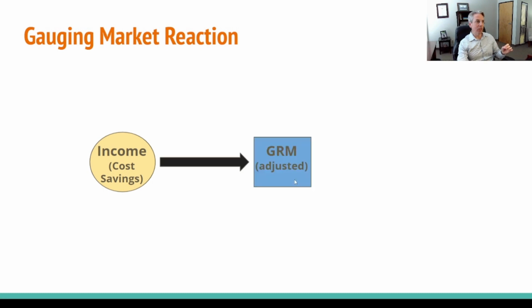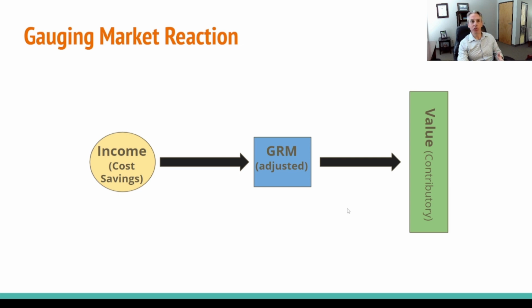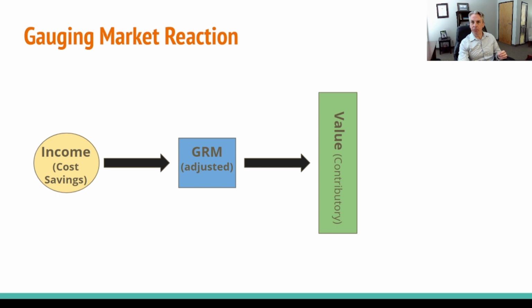So what we're looking at is, just like I said, we're starting with income. We've now applied an adjusted GRM, so now we have our contributory value, or what we think it should be. We might even term this the inherent value based on the income. So what if that is not how the market is actually behaving? What if we notice that the market value is below that inherent contributory value, the value that you think it should be?